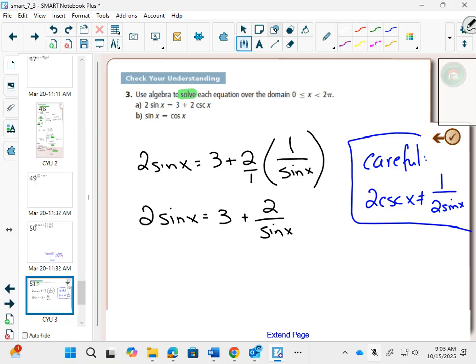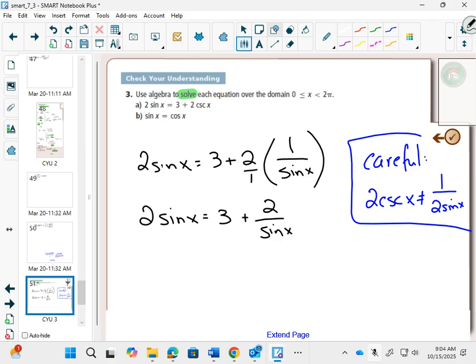Now, this is a grade 11 rational equations question, where you have things in fractions. Do you like solving equations with fractions? Usually the answer is no. What is a really good way of getting rid of fractions in equations? Multiply. Could you multiply everything here by sine x?